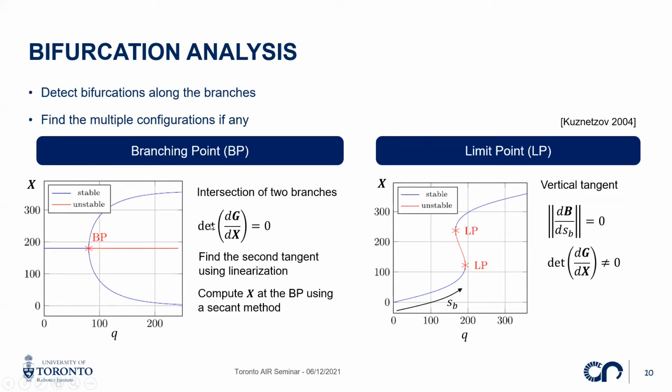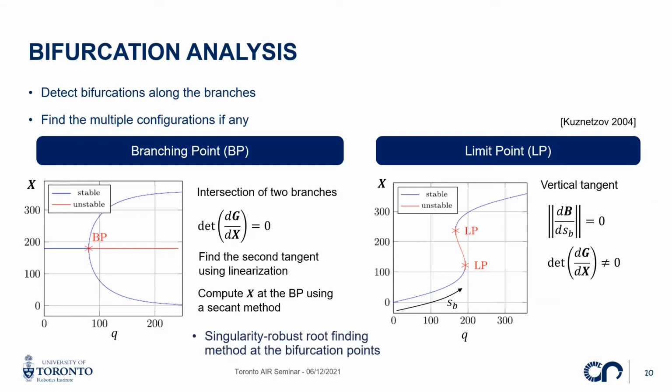So for branching points, we monitor the Jacobian matrix of our nonlinear set of equations. And if this Jacobian matrix becomes singular, that means that we have a branch point here. And for the limit point, we look at the local tangent of the branch with respect to a certain arc length s along this branch. This is great because these functions are general, applied to a model which is general to a lot of designs of continuum robots.